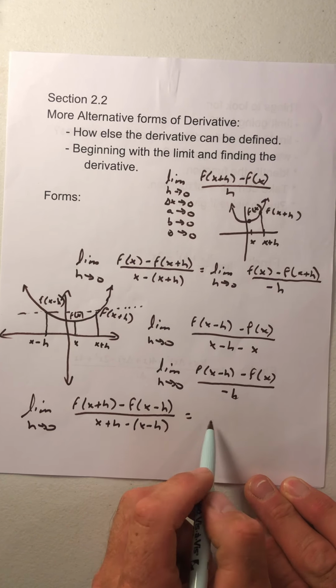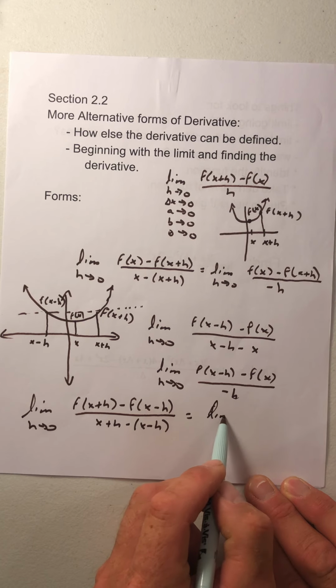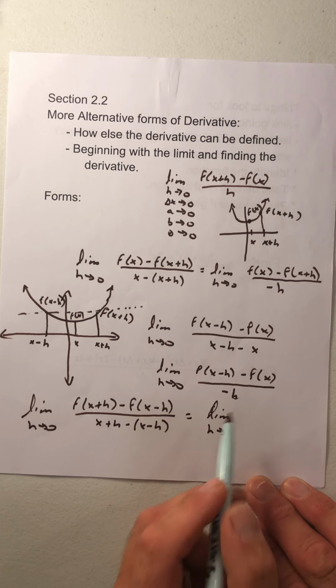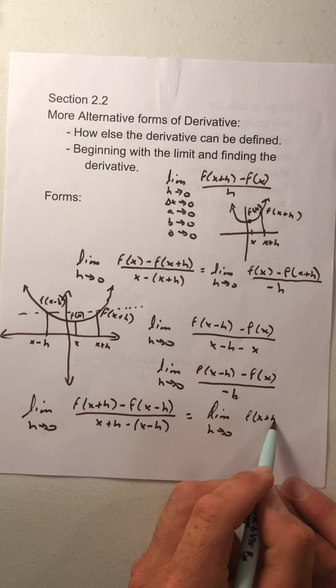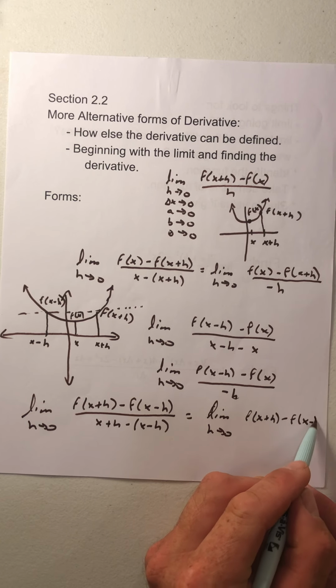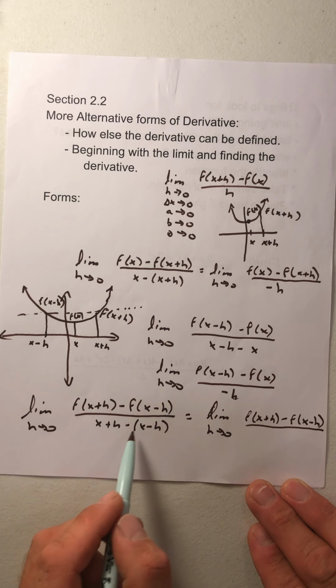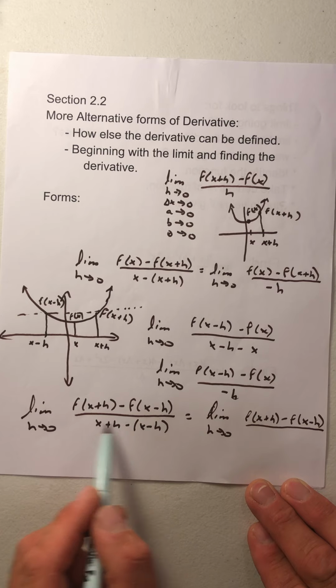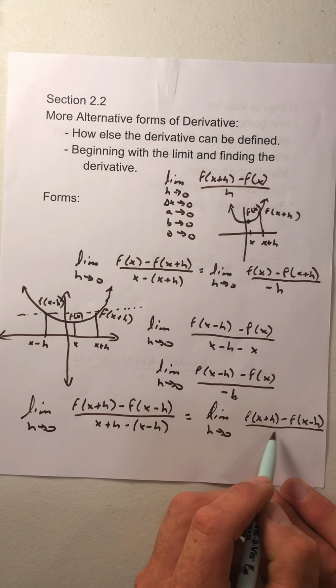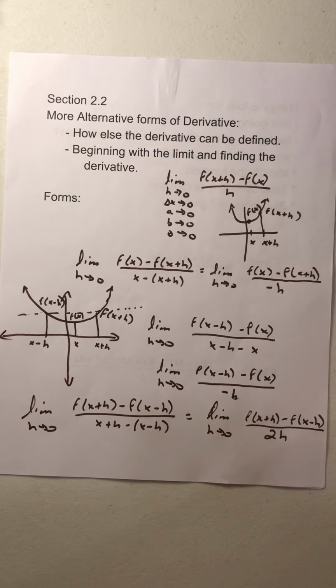Cleaning up my denominator, I'm going to take the limit as h goes to 0 of f of x plus h minus f of x minus h, dividing it, multiply my negative through, my x's will cancel this time, and I have h plus h, which gives us 2h. So all of these forms are things that we could, I know it's mind-blowing, but we could represent the derivative or the slope of the tangent line.